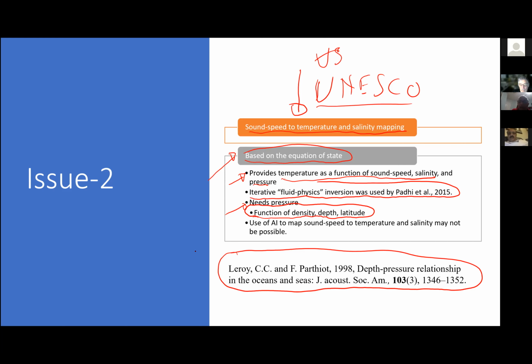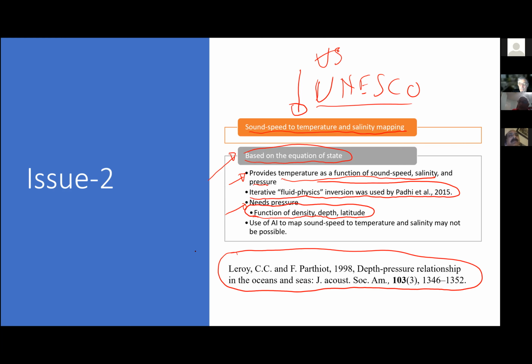However, what I want to emphasize is that although we can use deep learning to obtain sound speed, suppose you get an identical sound speed in the Gulf of Mexico and another in the North Sea, but they are at different latitudes.